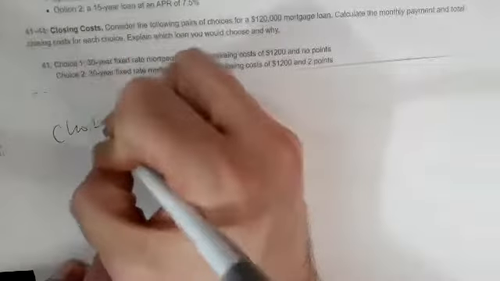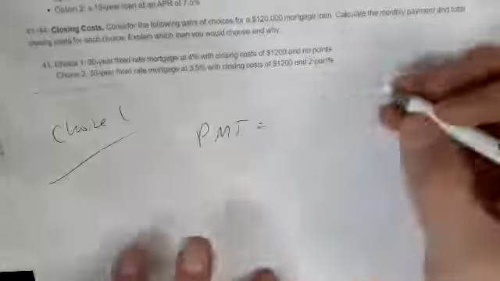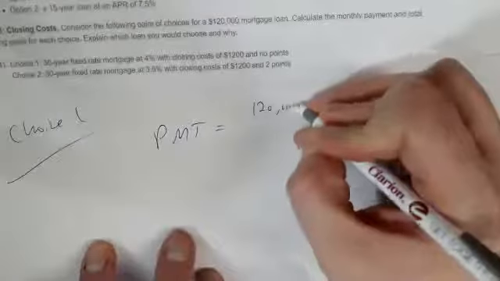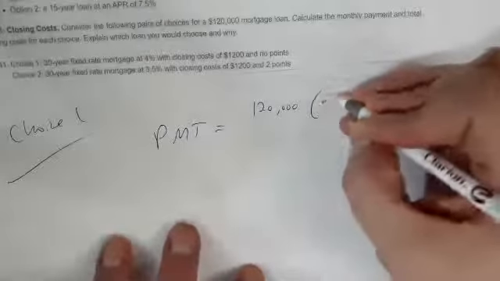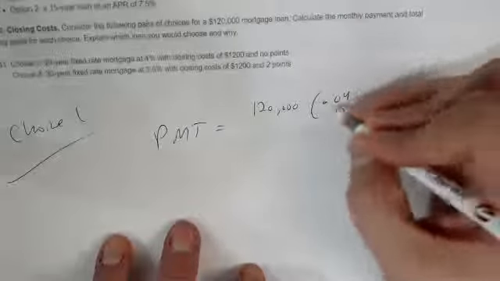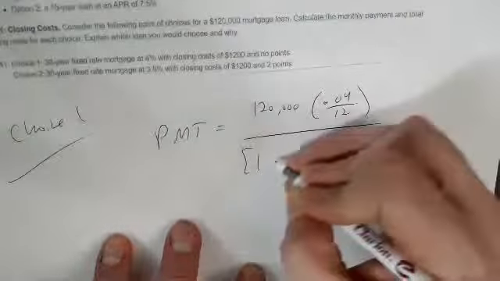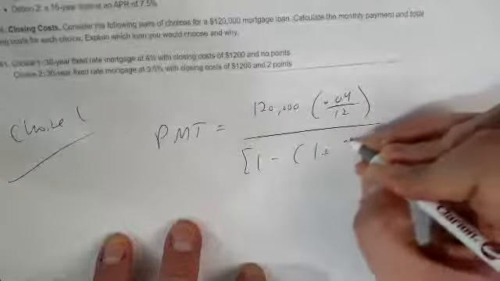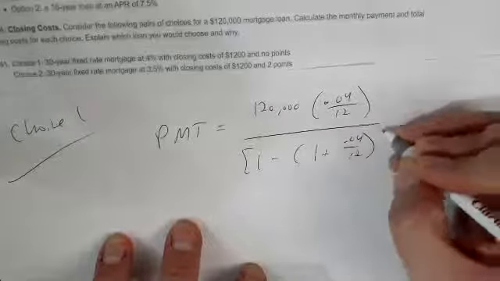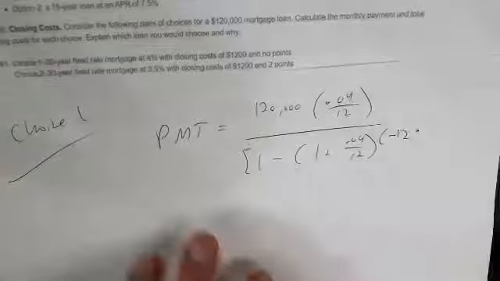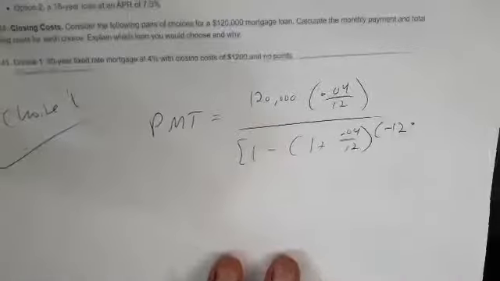Okay, so if I look at this choice one, we have done the payments over and over again. I'm going to do it one more time. I'm going to set it up. I'm going to do 120, 0.04 in this problem, over 12. I'm doing 1 minus 1 plus 0.04 over 12, raised to the negative n, which is negative 12 times y here, a 30-year loan.